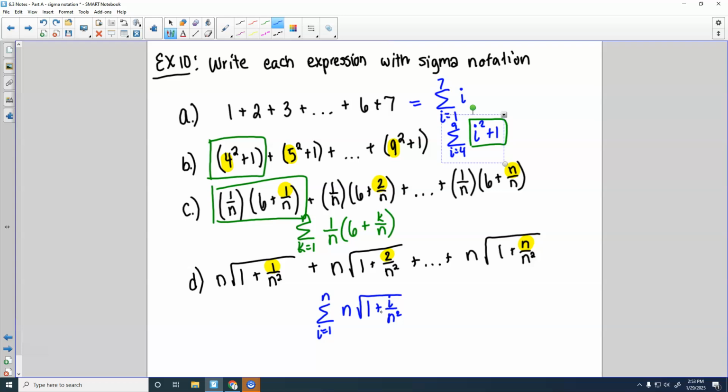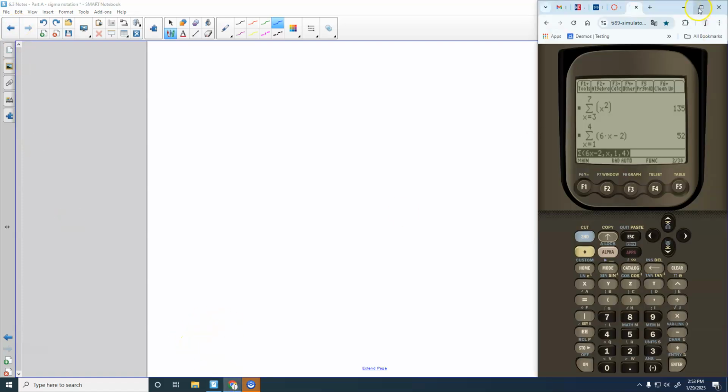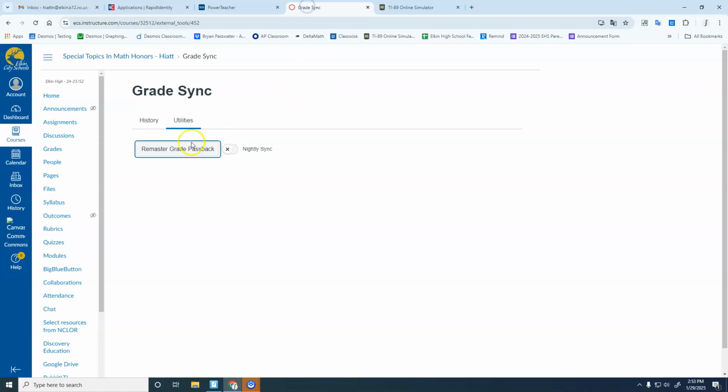Okay, questions? All right, this has something to do with Riemann sums, even though it doesn't feel like it so much right now.